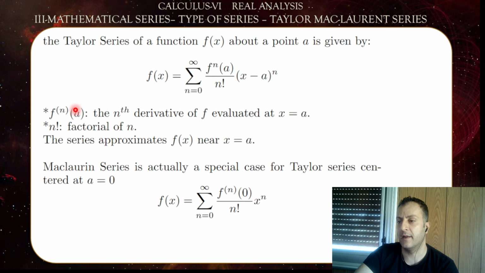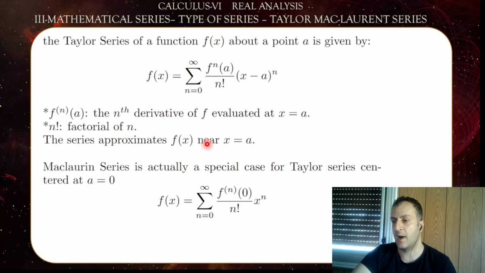So f^(n)(a) is the nth derivative of f evaluated at x equal a. So you replace x with a within the derivative. n factorial is the factorial of n, of course, and the series approximates f(x) near x equal a.